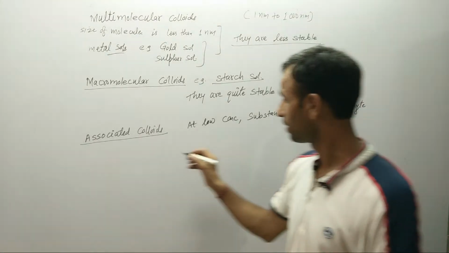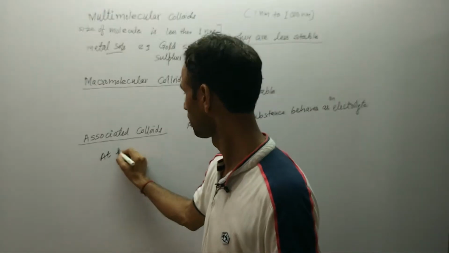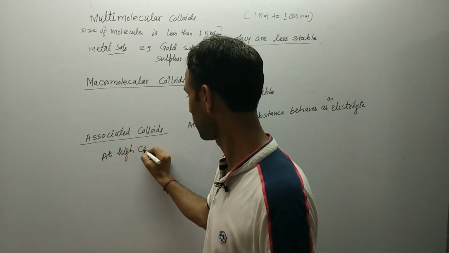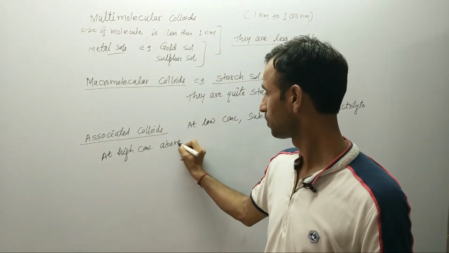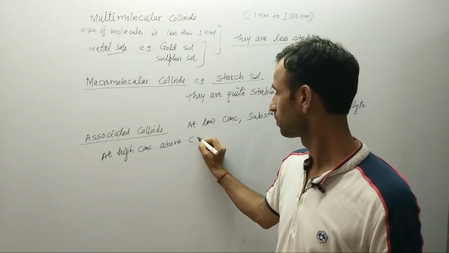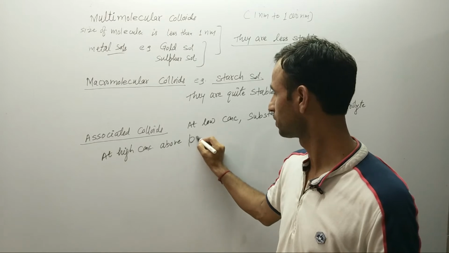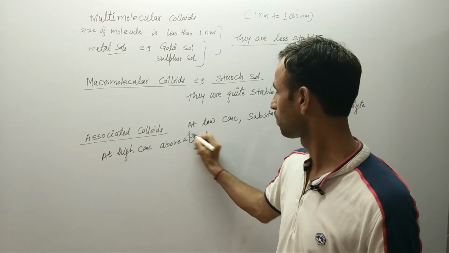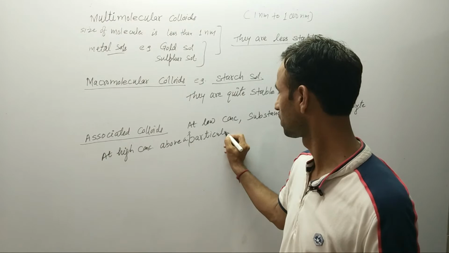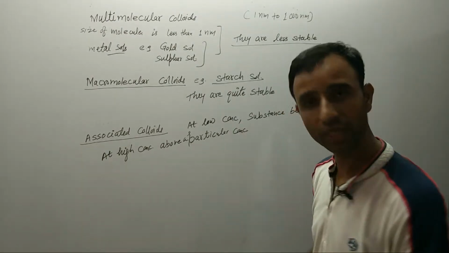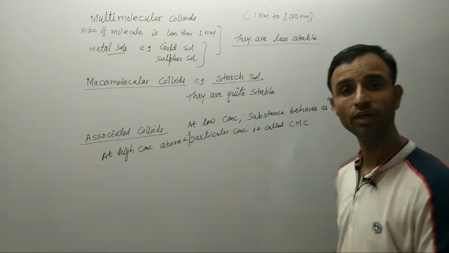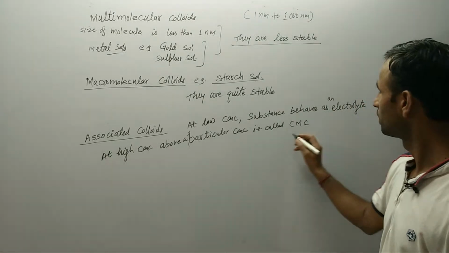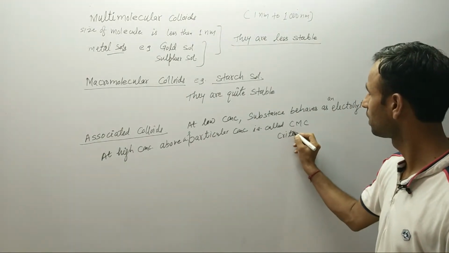And at high concentration, above a particular concentration, that is called CMC. What is CMC? Critical micelle concentration.